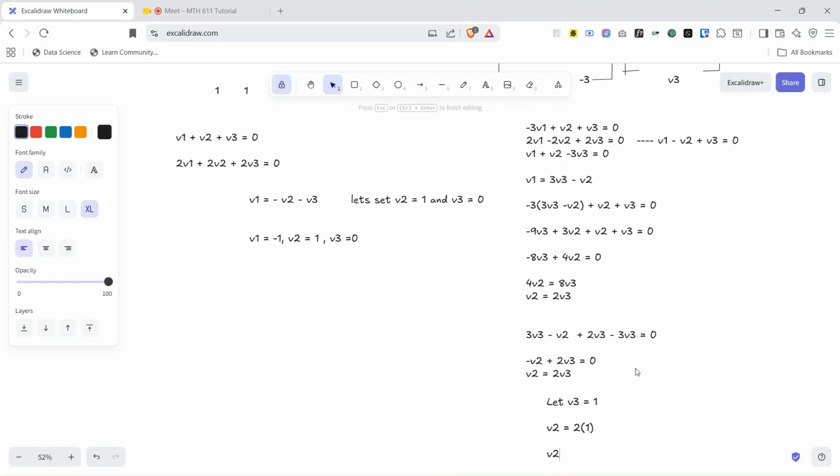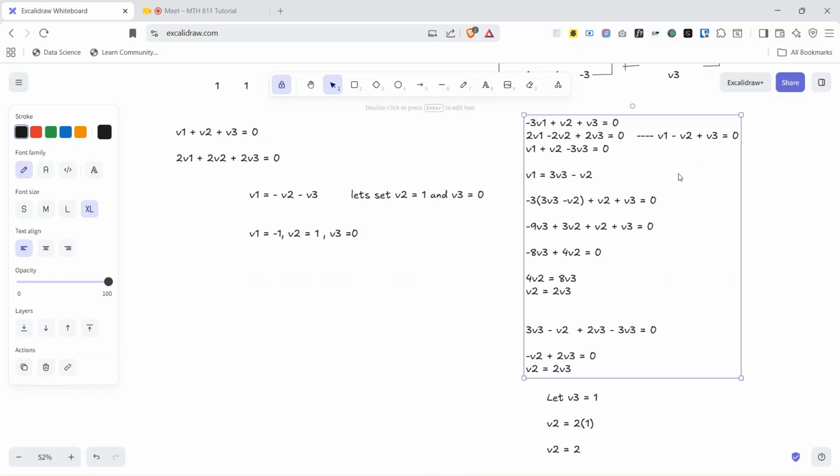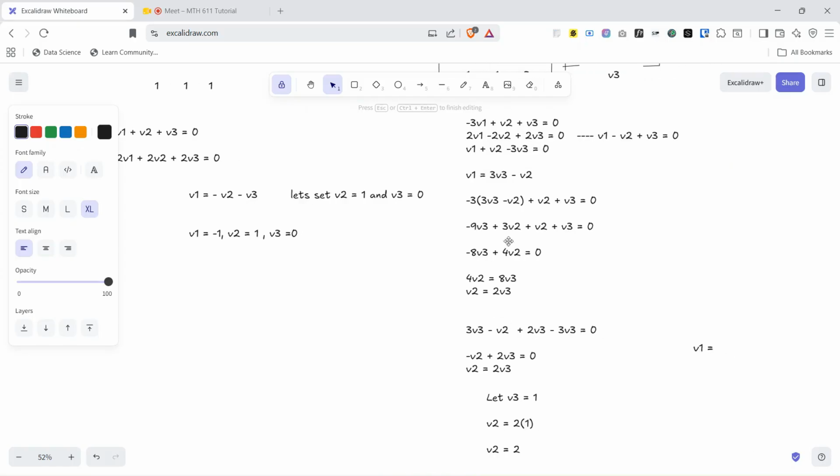So it means our V2 will be equal to 2. If our V2 is equal to 2, our V1 would now be equal to 3 minus V3. V3 is 1, that is 3 minus V2, which is 2, 3 minus 2, which is equal to 1.